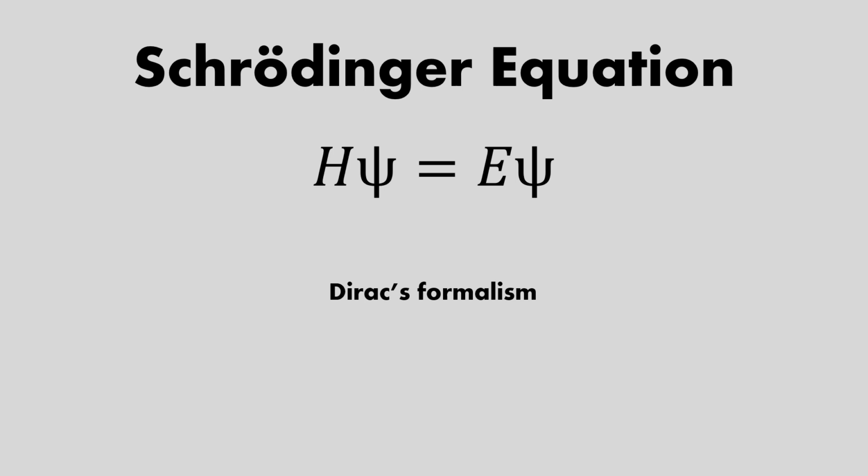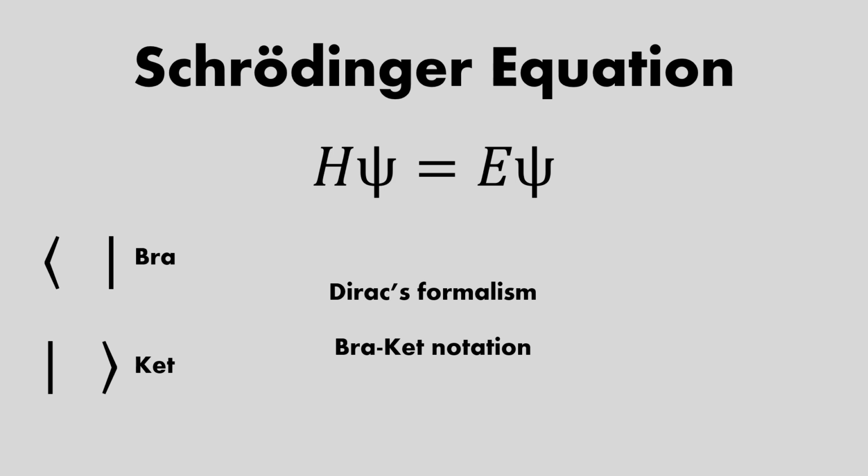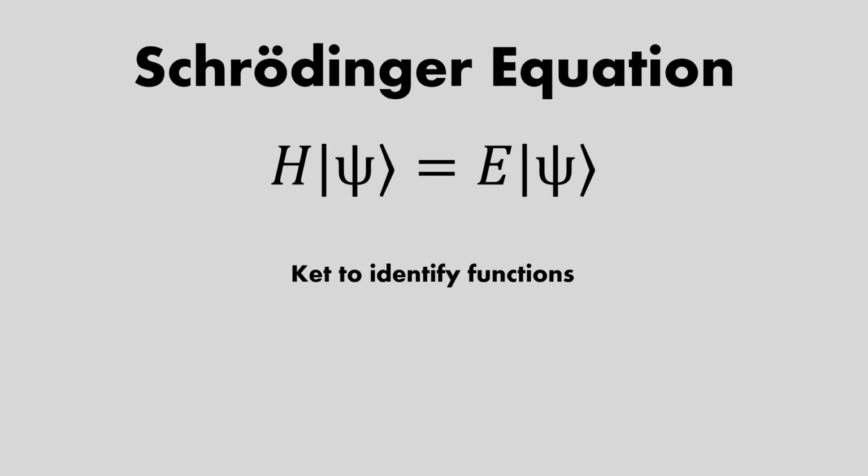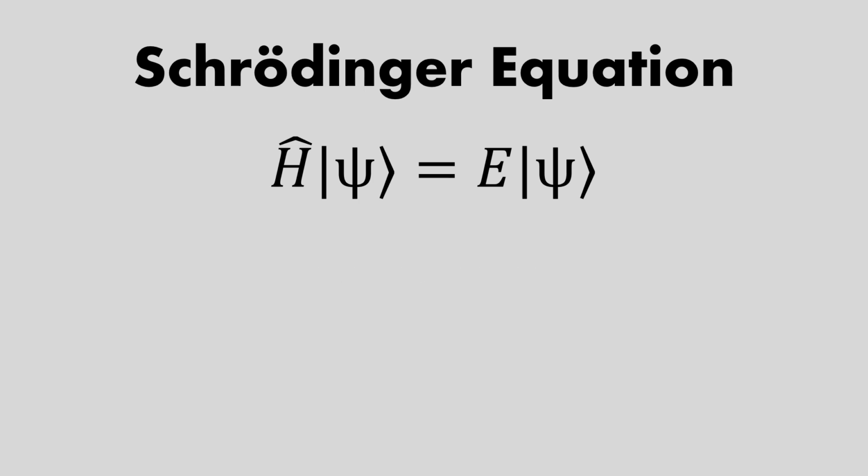It is also called the bracket notation from the name of these two more characteristic symbols, and its name is fertile ground for puns, so be prepared. We will use the ket to identify functions and a small hat for operators. Since E is a constant, it will remain as it is.